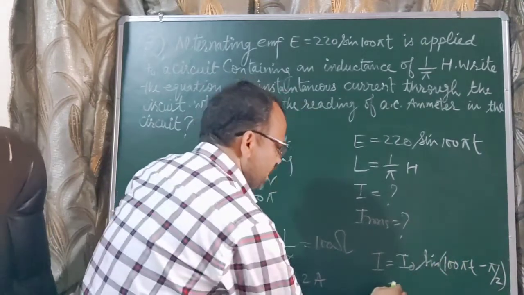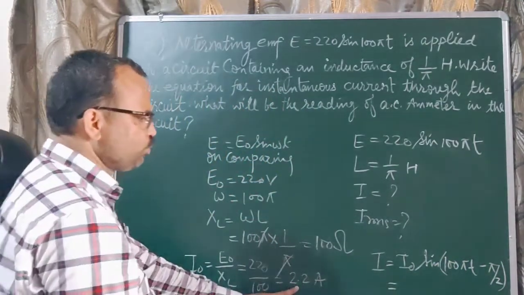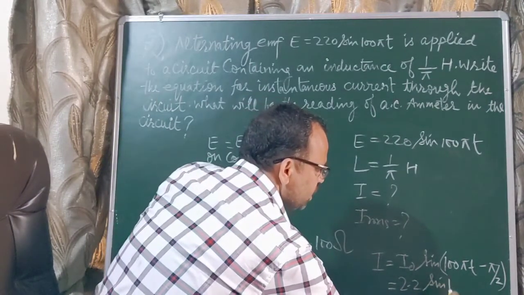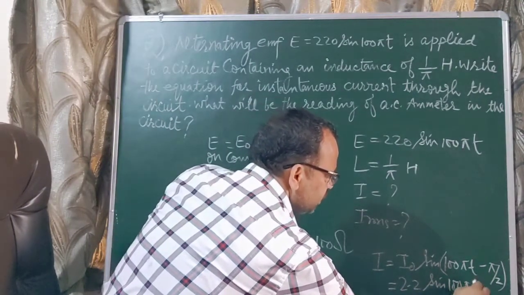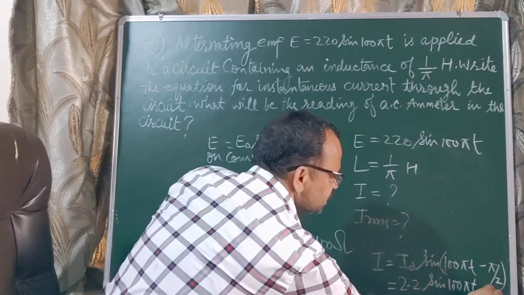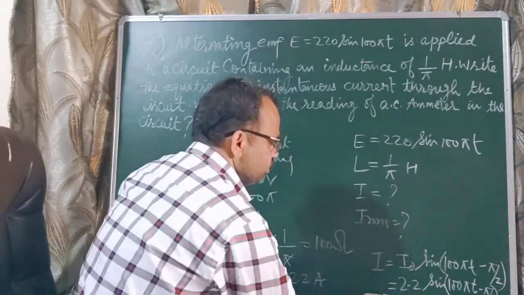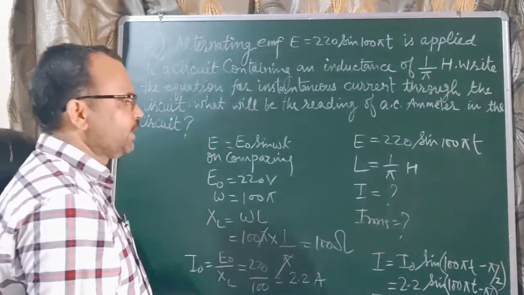Now put the value of I naught, which is 2.2. So I equals 2.2 sin of 100 pi t minus pi by 2. It is the equation of instantaneous current.